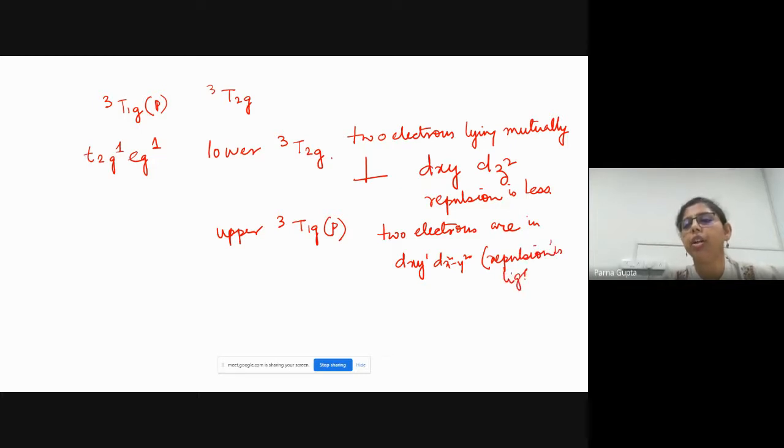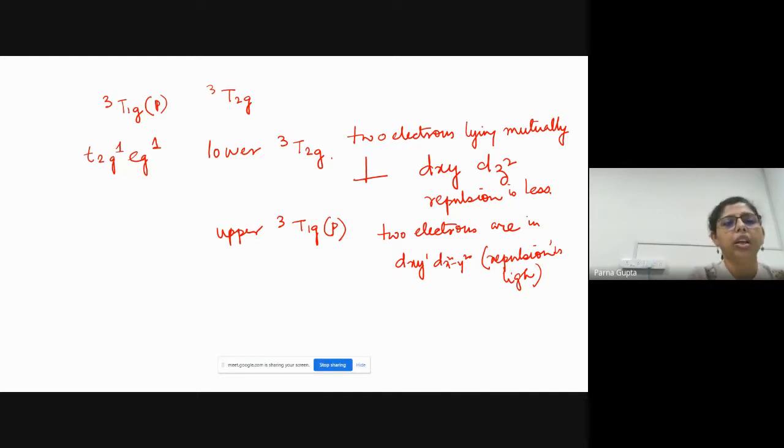If it is dxz, in that way only you can explain the difference between these two energy levels.